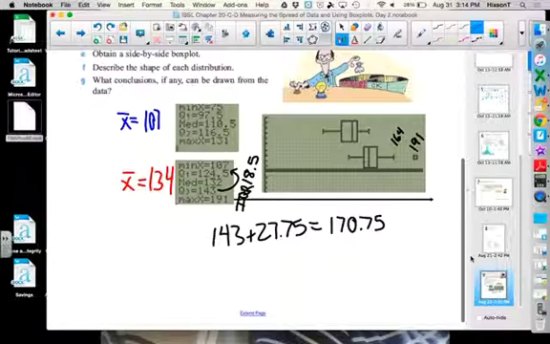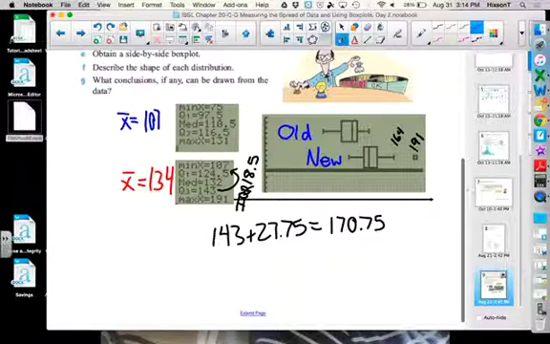Let's look at the box plots themselves. How would you describe the distribution for the old bulbs, the old design? How would you describe the distribution? More on the lower 50%, with more data.